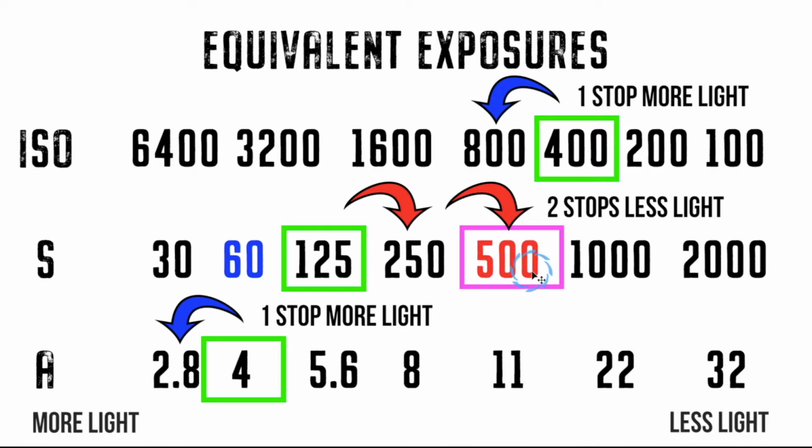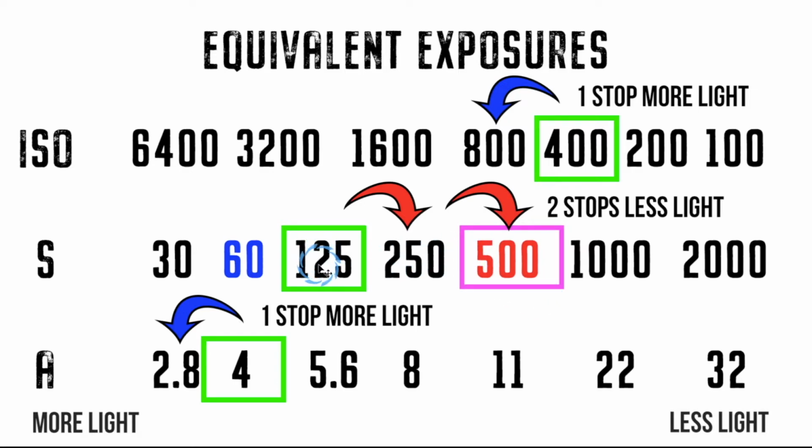And this could be for any reason, that your model starts running around because they're a little kid, or an alien lands on Earth and you're trying to stop the action of the alien landing on Earth. So you need to be able to quickly adjust this. Now, quickly adjusting the ISO is always the easiest thing because usually you have to press a button and move it. It's actually usually easier to adjust the aperture.